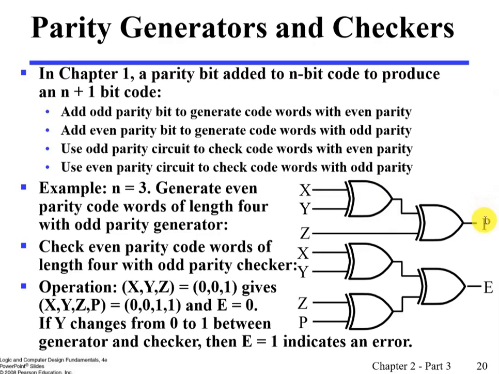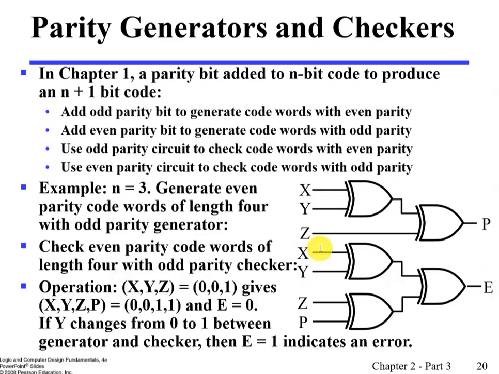And then we can have the parity checker circuit defined as follows. X, Y, Z, and then we have P, and the following circuit will generate or check if there is any error or not.